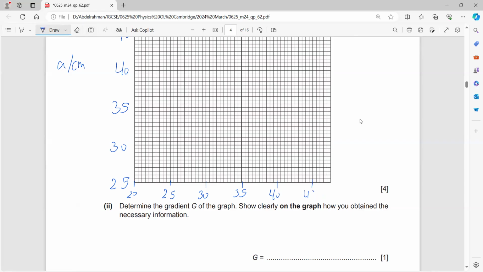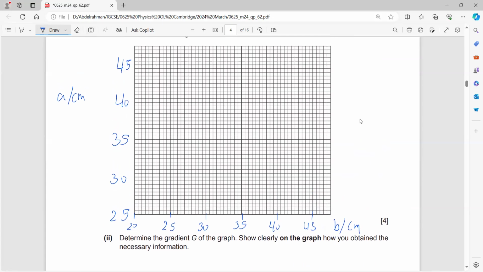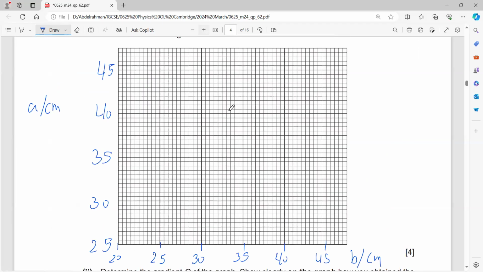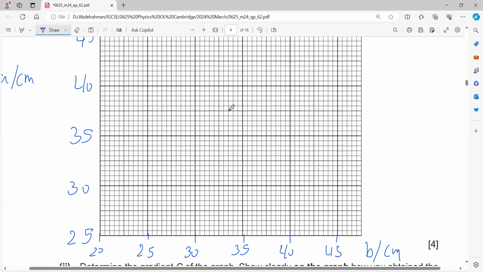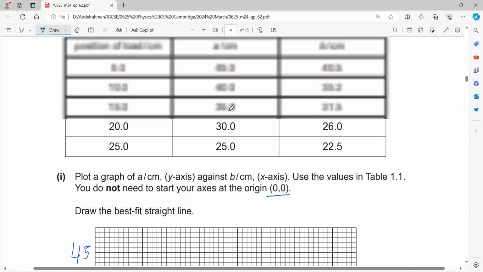This would be quite an easy graph. Take note that every two small squares are worth 1 on either axis, on the x-axis and on the y-axis. So basically, each square is worth half a point.